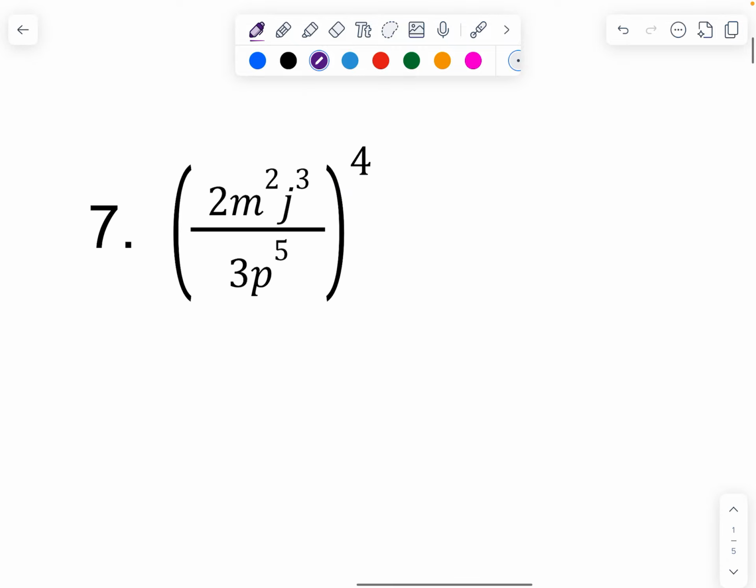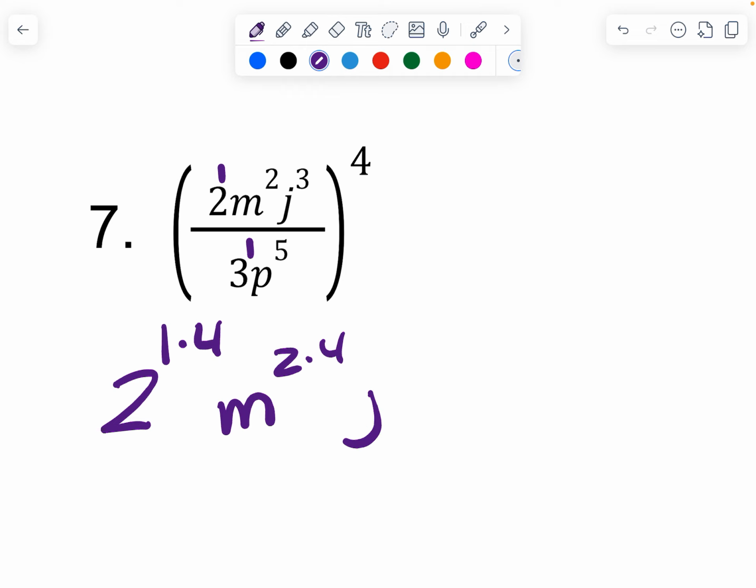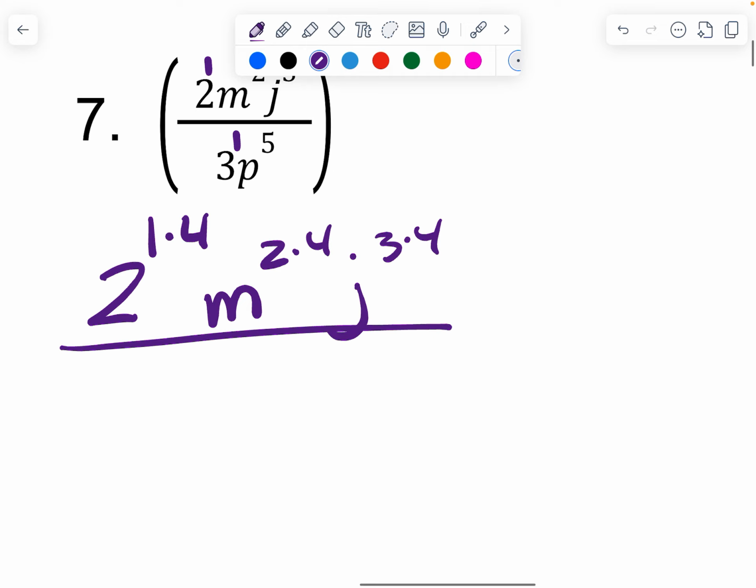This one, is there anything on the inside of this set of parentheses that I need to simplify? No, there's not. So remember, there's an exponent of 1. Power raised to a power, I multiply my exponents.